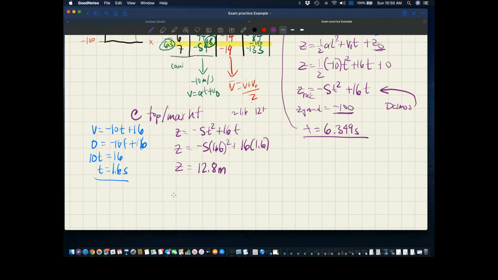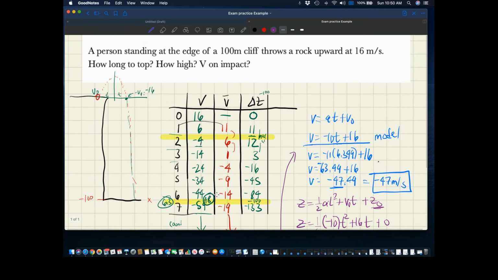And to two significant digits, that means it's 13 meters. So we said 1.6 seconds, which is what we calculated, and we said 13 meters.